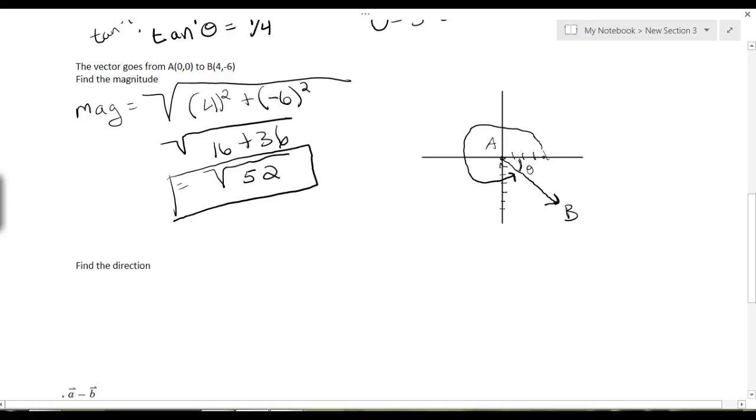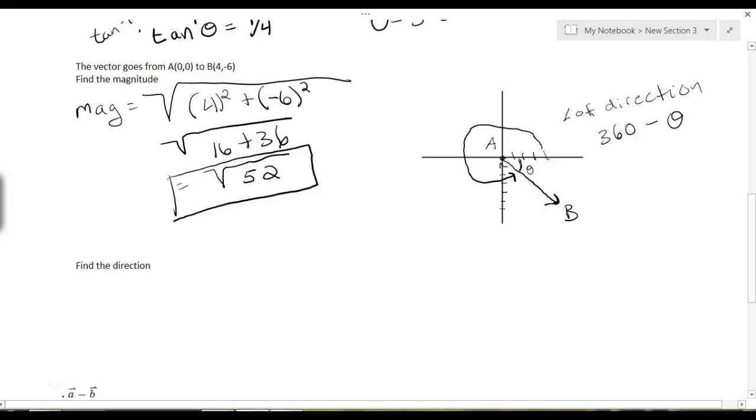And if I look, my angle of direction is going to be 360, that's a whole circle, minus theta. So we're almost going to 360, but we're just going to go back the amount of theta there.